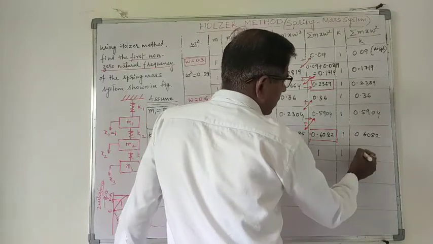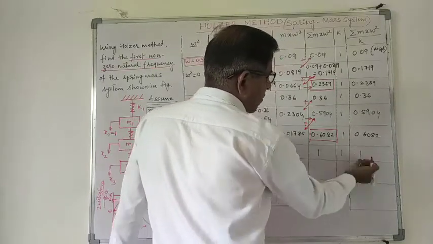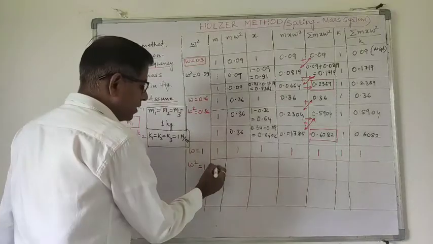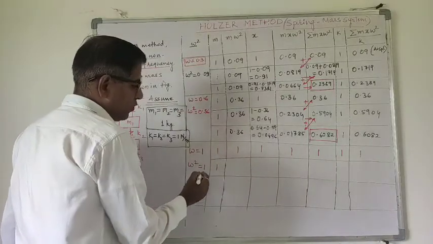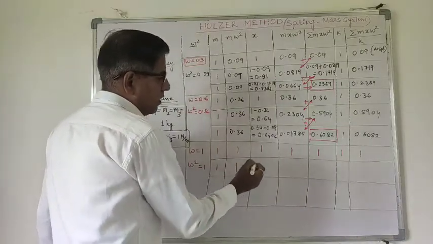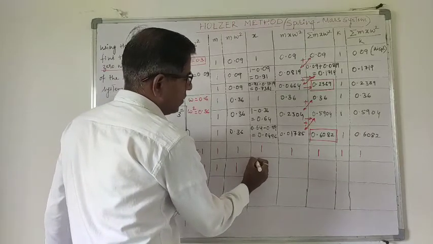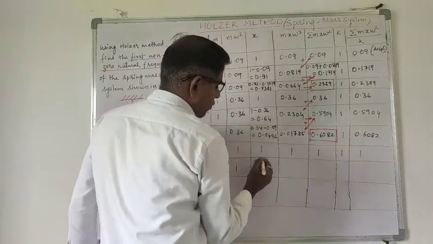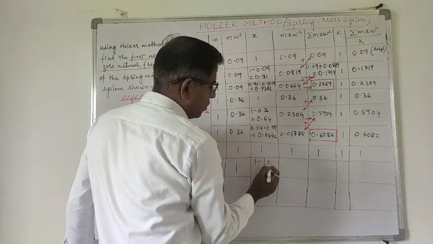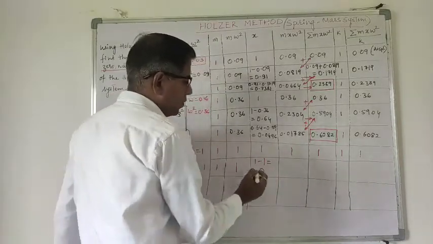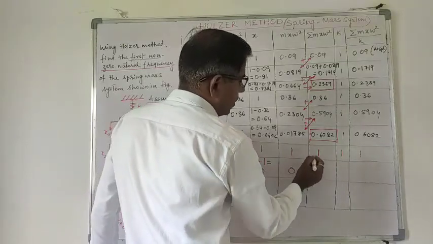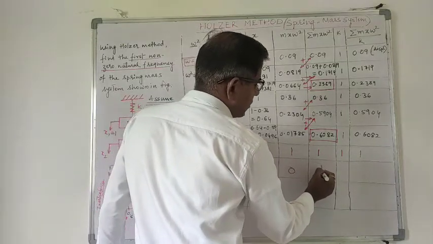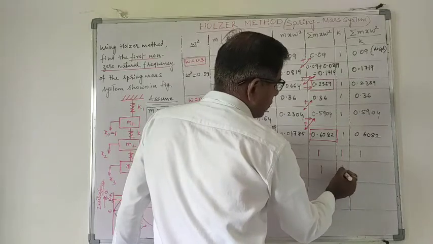Stiffness is 1, and 1 divided by 1 is 1. Now the second mass is 1, so 1 into 1 is 1. Now this is the previous value minus this value, so 1 minus 1 is equal to 0. So 0 into 1 is 0, and 0 plus 1, the answer is 1.